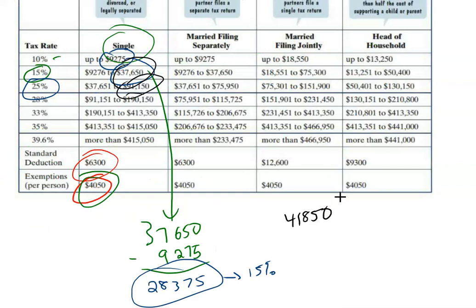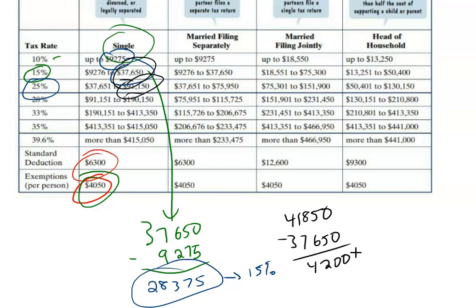That's where she stops. So we're going to subtract from her overall taxable income the $37,650, right? The upper limit from the previous tax bracket. And that's going to give me $41,850 minus $37,650, only $4,200 left, right?